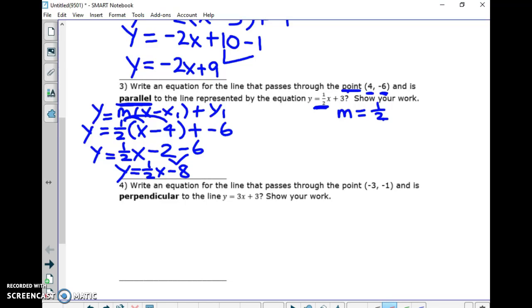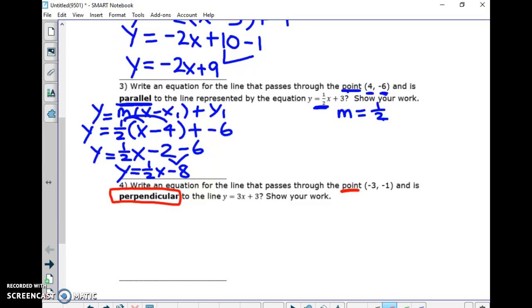Write an equation for the line that passes through the point. So we got the same thing. We got a point, but this time it says, and is what? Perpendicular! Okay? Y'all know perpendicular is not parallel? Okay, they're different. So perpendicular to this equation. Now, what's the slope of this equation? 3.